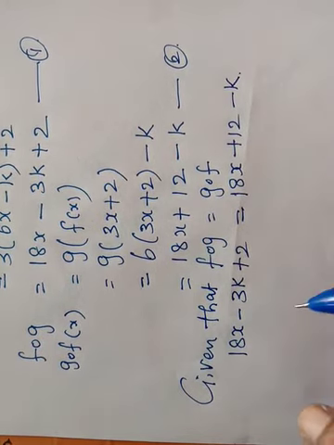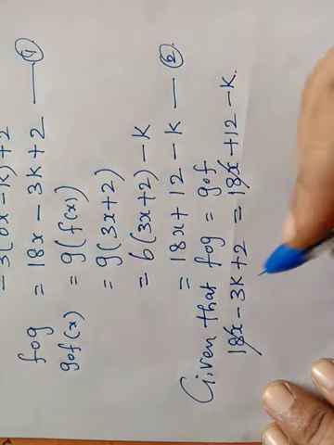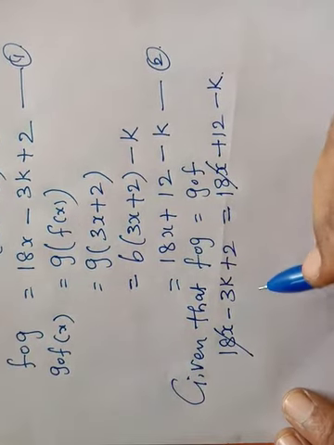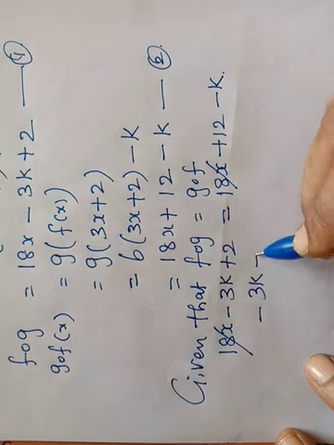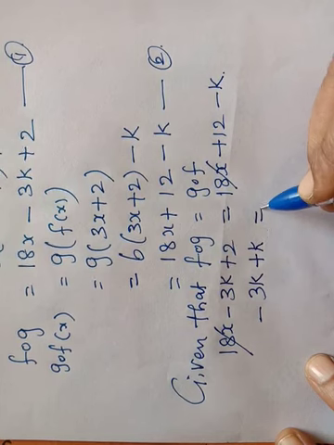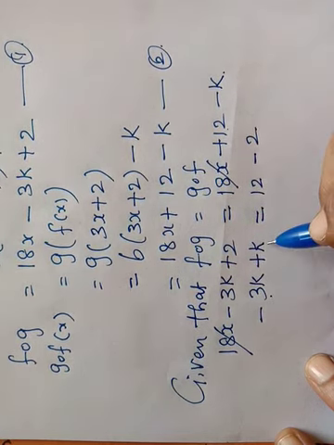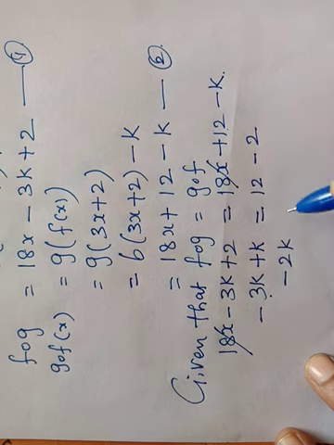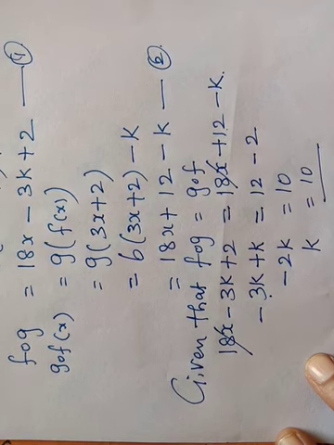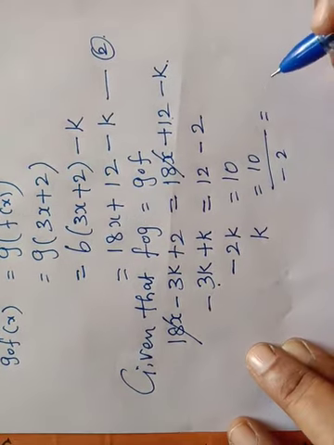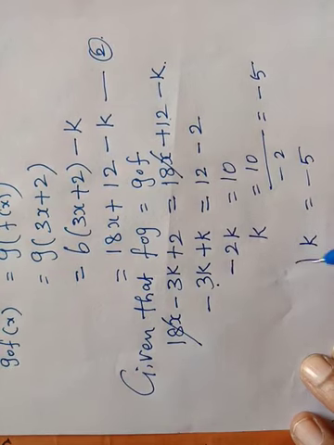Here the 18x we can cancel on both sides. Take the k terms to one side: minus 3k plus k is equal to 12 minus 2. Minus 3k plus k is what? Minus 2k, equal to 12 minus 2, which is 10. So k is equal to 10 by minus 2, that is equal to minus 5. So k is equal to minus 5.